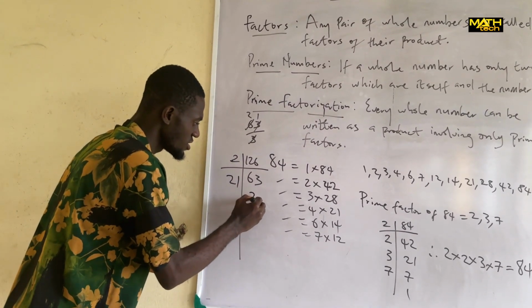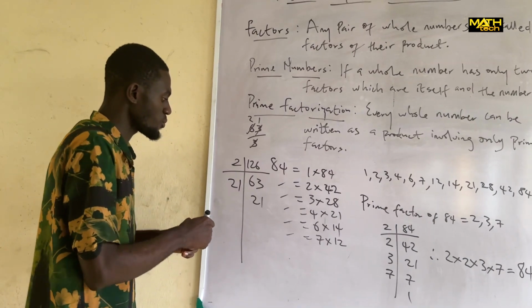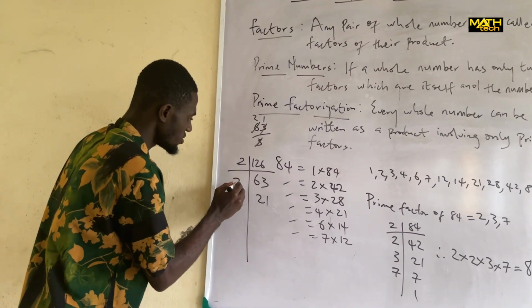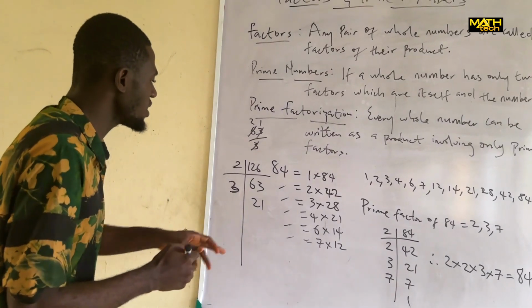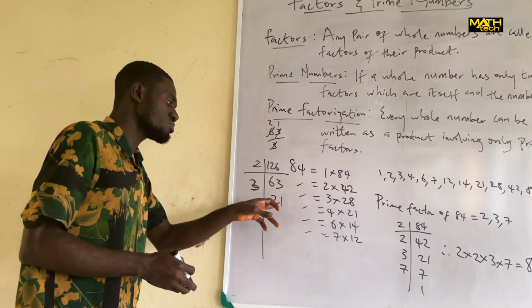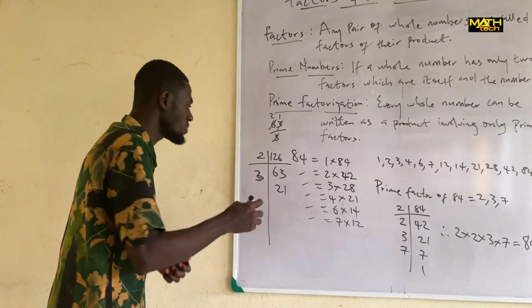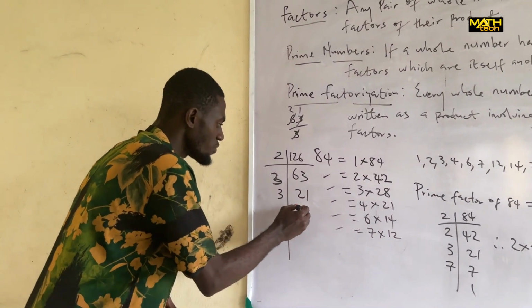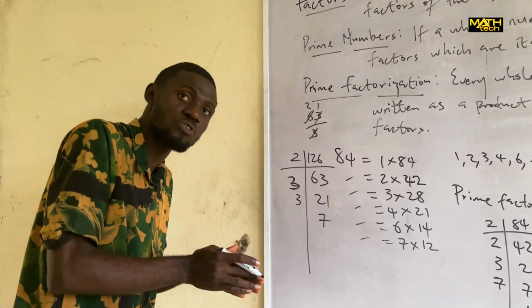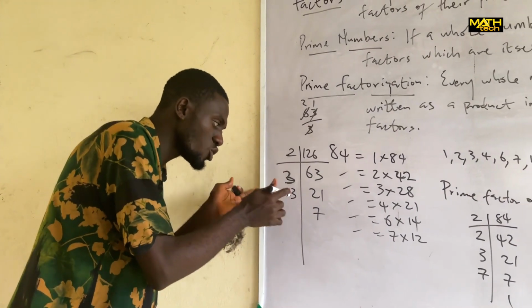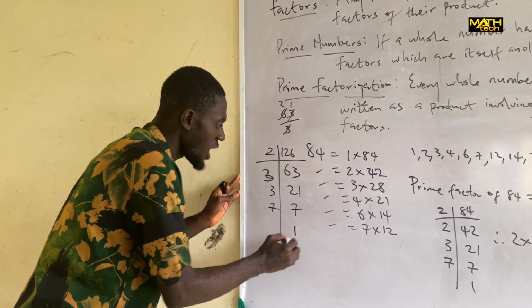Sorry, I wrote it wrongly here. 21 is still divisible by 3, so we divide by 3 again, and this gives us 7. The next prime number, you cannot use 5, you cannot use 3, you cannot use 2. You still go with 7, and here we'll have 1.